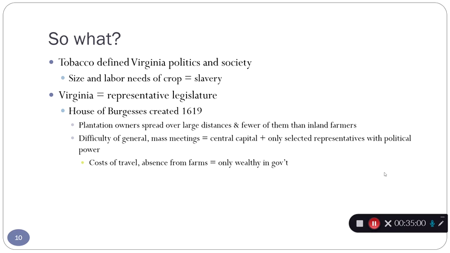But tobacco then plays a dramatic role, not just in providing an economic foundation for Jamestown, which is significant in its own right, but tobacco is also the fundamental reason behind slavery in the United States, ultimately, and tobacco is the fundamental reason why Virginia develops a representative system, a Republican system, and it's not a coincidence that given the influence of Virginians in the early American Republic, especially around the creation of the Constitution, it's not a coincidence that the representative system that is the foundation for Virginia's government is going to be a direct predecessor to the representative system that the United States uses under the Constitution as it's created in 1787.